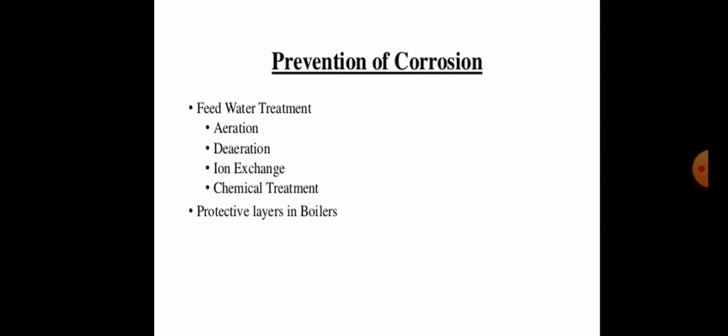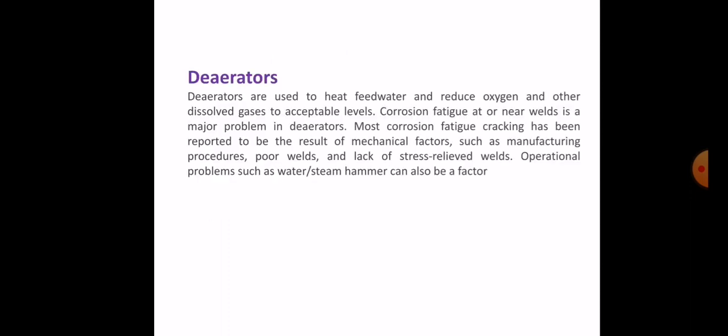So, prevention of corrosion. Right now we are talking about the number of impurities in feed water, so at that time we use feed water treatment. Over here you can see aeration, deaeration, ion exchange, chemical treatment, protective layers in boilers, right? Basically, we are using deaerators. Deaerators are used to heat feed water and reduce oxygen and other dissolved gases to acceptable levels. Generally we use deaerators in thermal power plants to reduce the oxygen and dissolved gases.